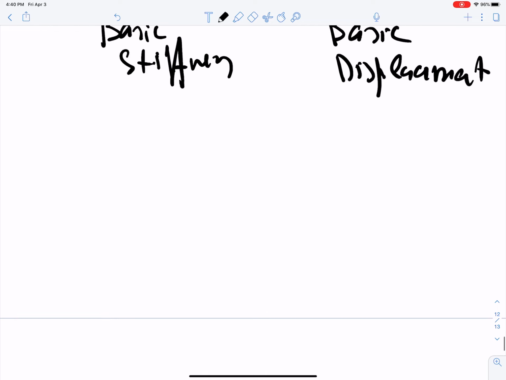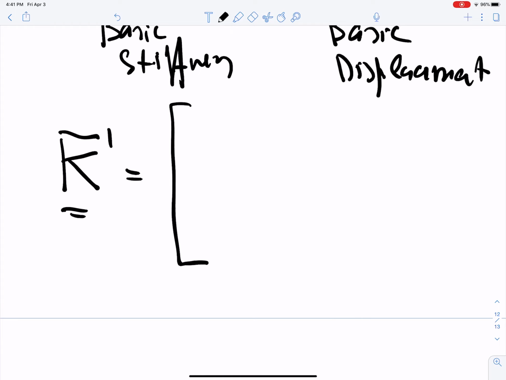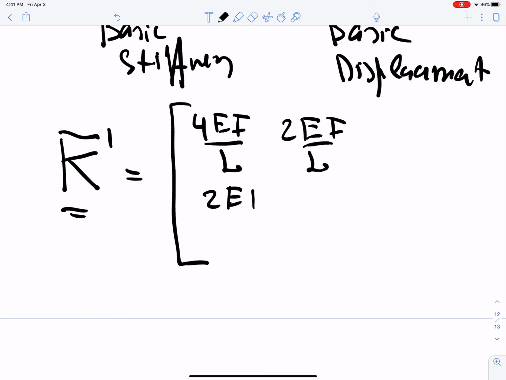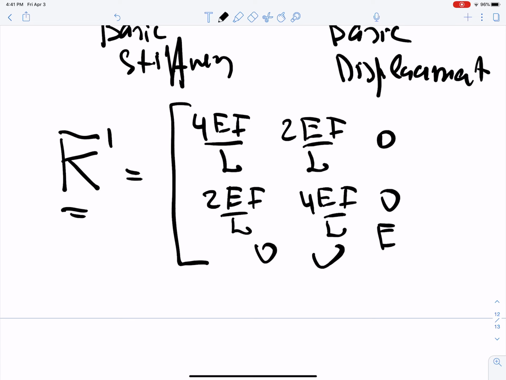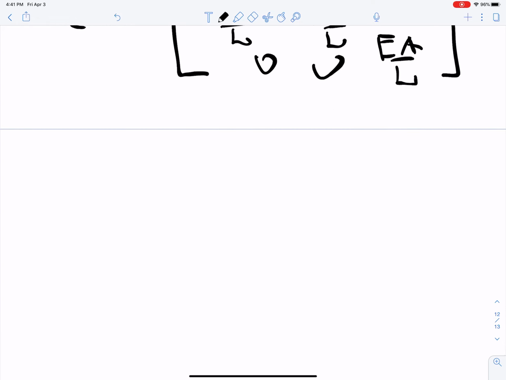For the beam column, the basic stiffness was 4EI over L, 2EI over L, 2EI over L, 4EI over L, 0, 0, 0, 0, EA over L. Now what about the basic displacement?